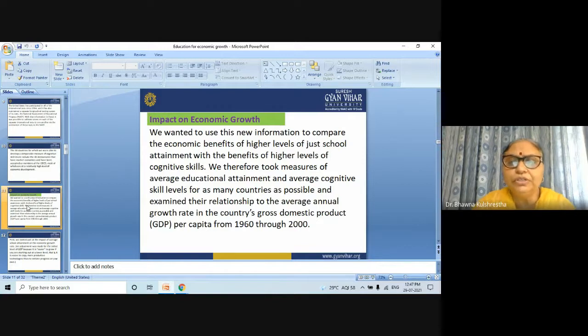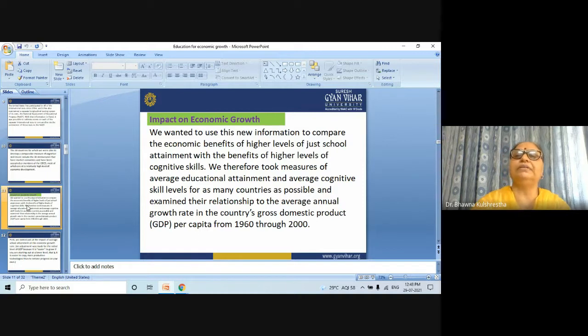We therefore took measures of average educational attainment and average cognitive skill levels for as many countries as possible and examined their relationship to the average annual growth rate in the country's gross domestic product, that is GDP per capita, from 1960 through 2000.